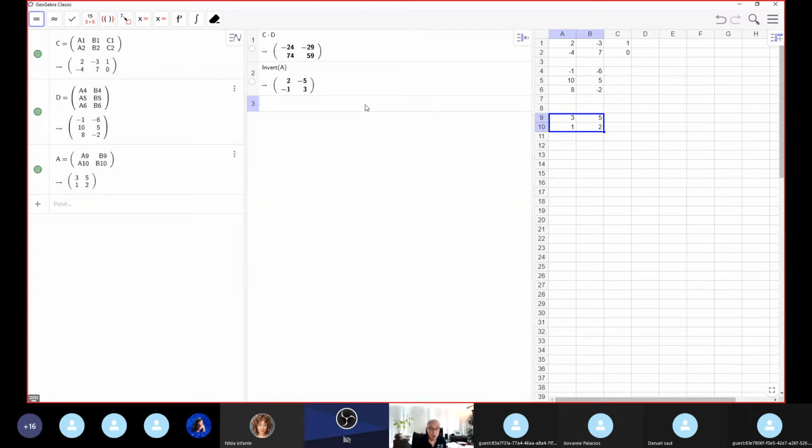Okay, super cool. Let me copy this here, because this is the inverse. The inverse is 2, -5, enter, -1, and positive 2. Okay.